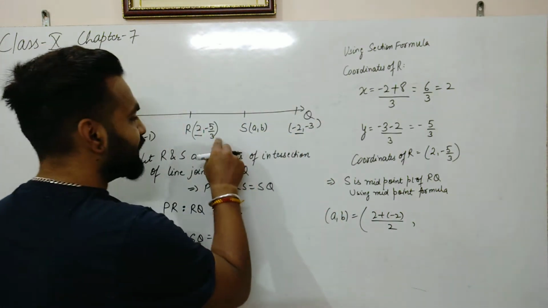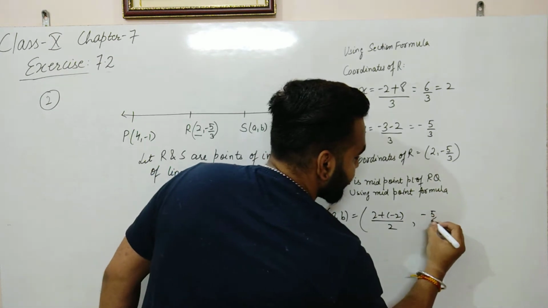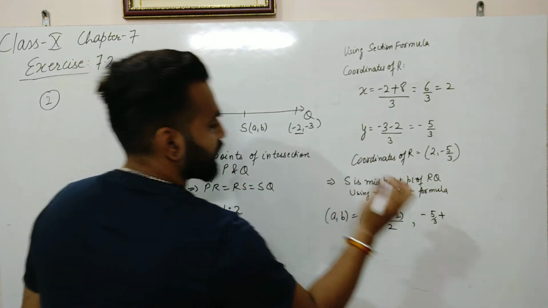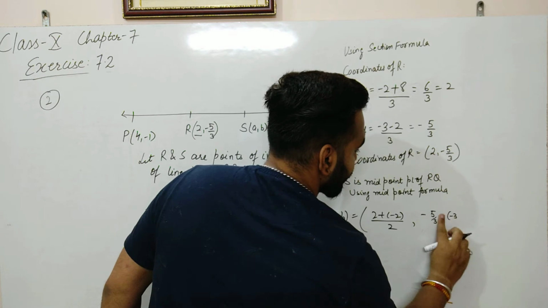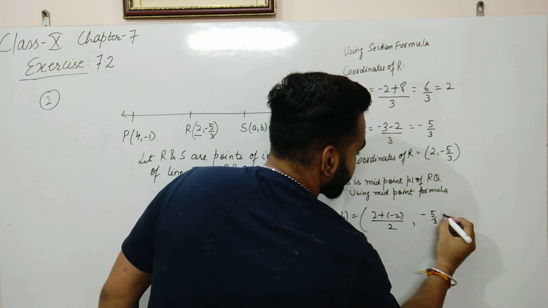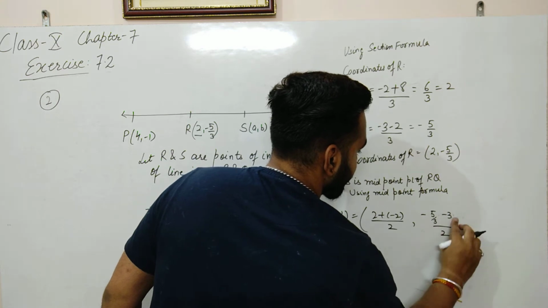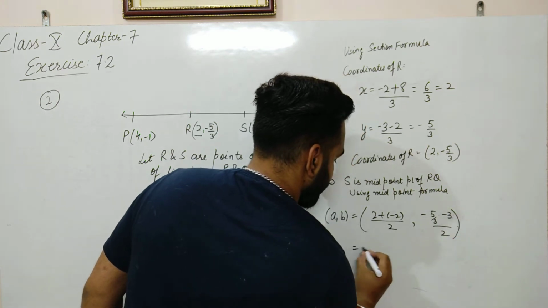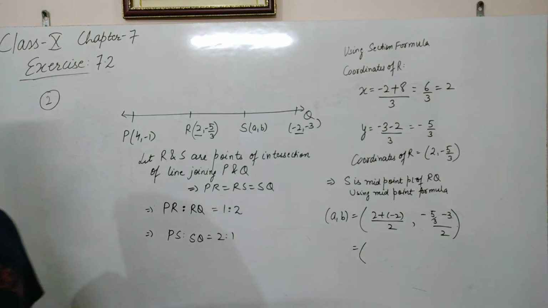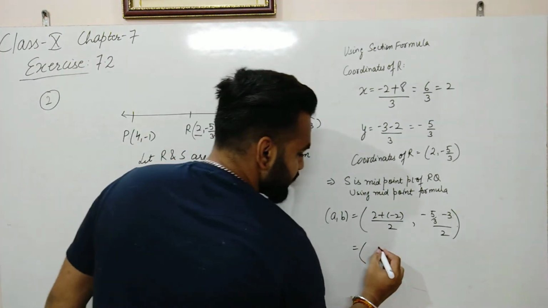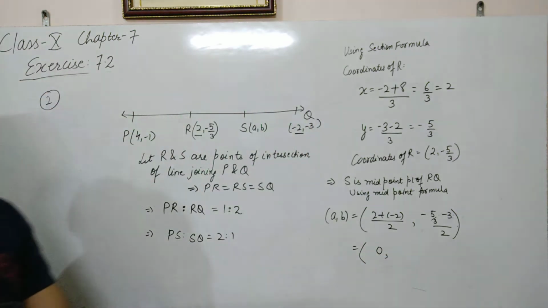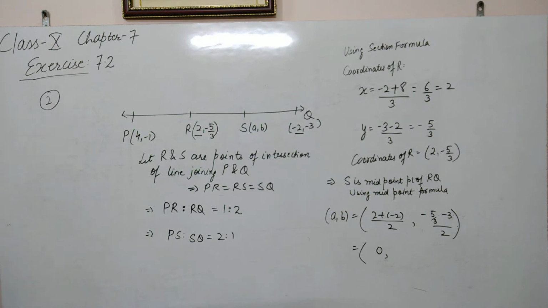Similarly, add the y coordinates. Minus 5 by 3 plus minus 3, or directly write minus 3 here, divided by 2. Solve this. 2 minus 2 is 0, 0 by 2 is 0. Similarly, solve minus 5 by 3 minus 3.